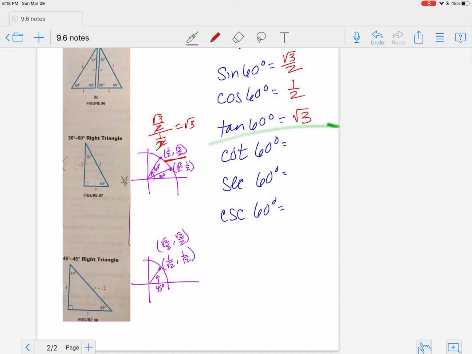Right? I'm just trying to make connections for you. So right triangle trigonometry, your unit circle, that's all making these connections. Once you have these 3, you have everything else. That's also why SOHCAHTOA works so nice, because you get through tangent and then everything else falls in. Cotangent is that reciprocal, 1 over the square root of 3. If you rationalize that denominator, you get the square root of 3 over 3.